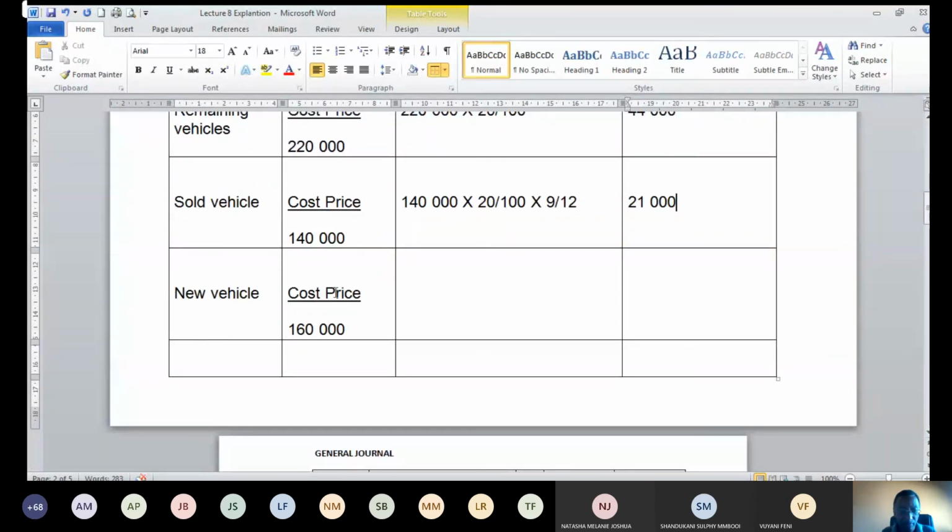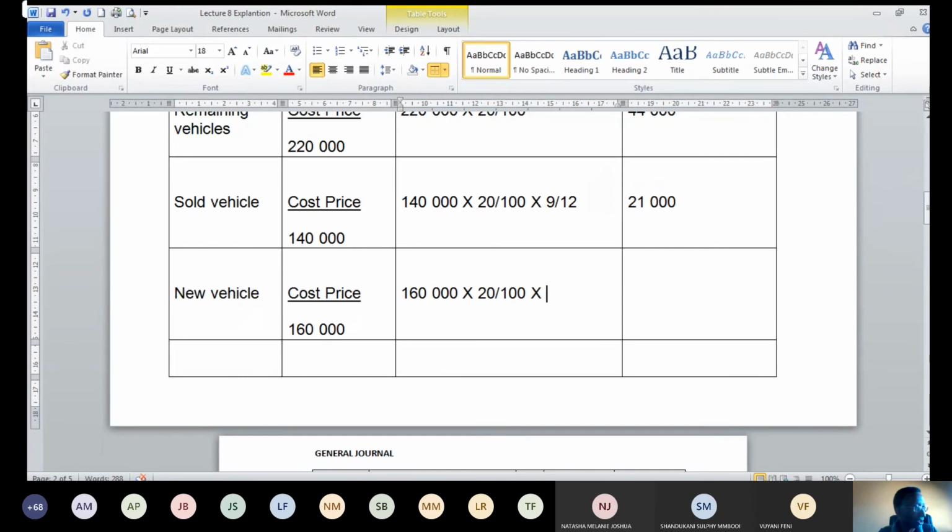The new vehicle was purchased for 160,000 rand. So if we calculate the depreciation on the new vehicle, it will be 160,000 at 20% per annum.